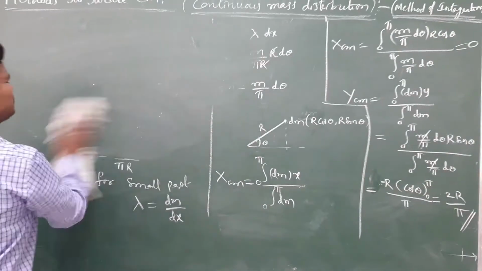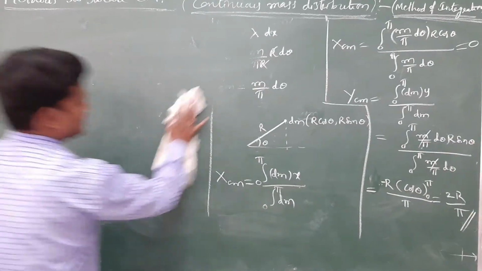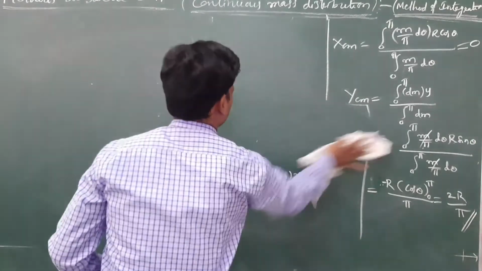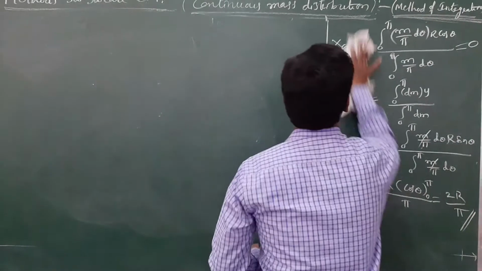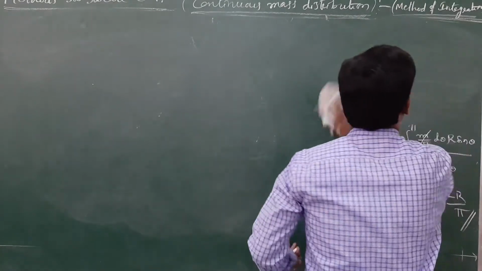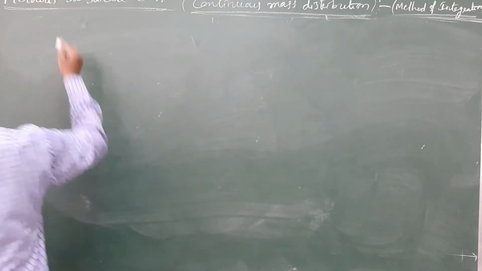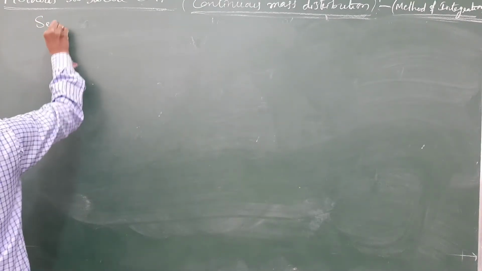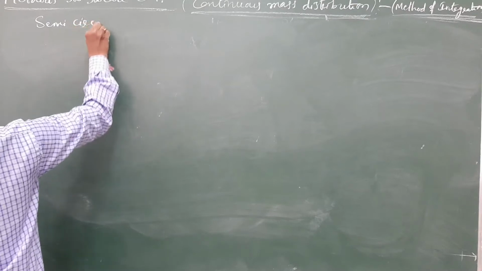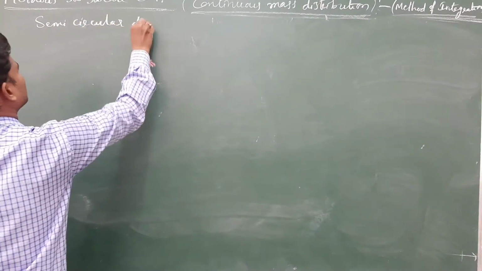Now see the next one, half disc, that is, the semicircular disc.